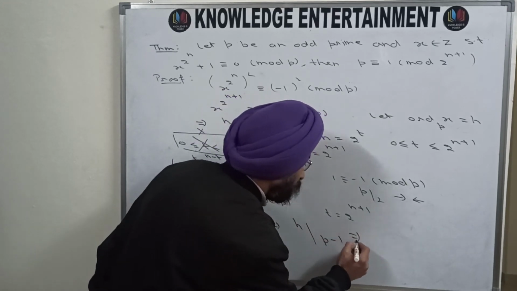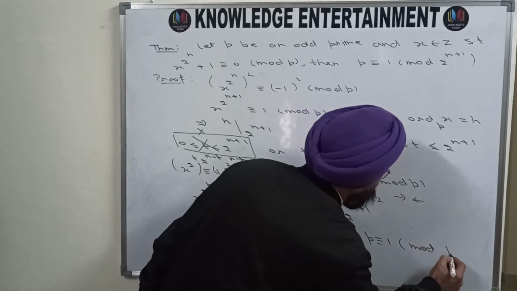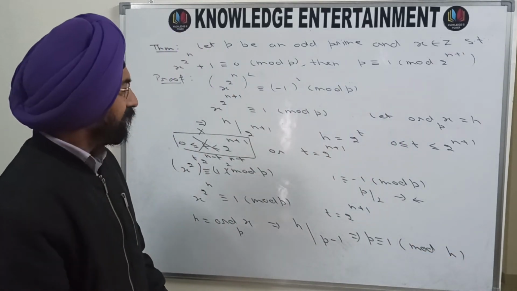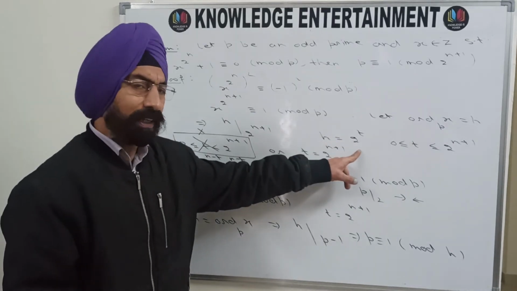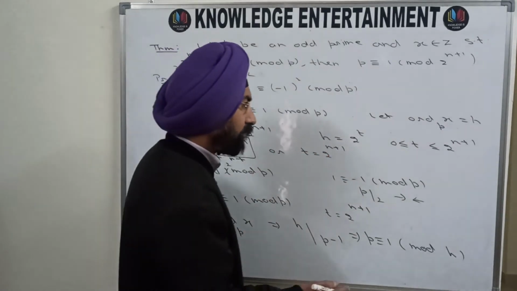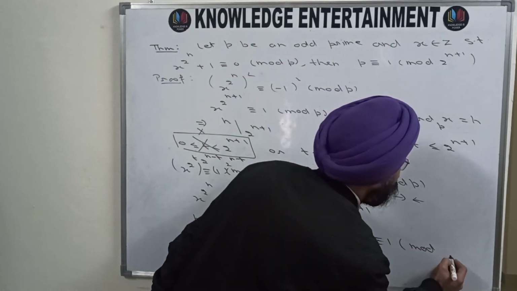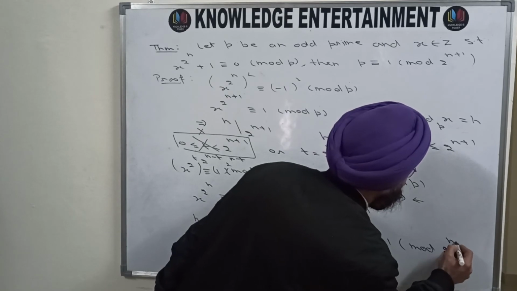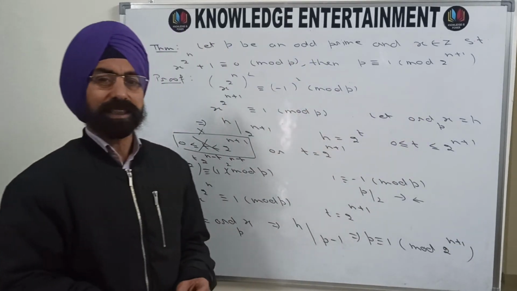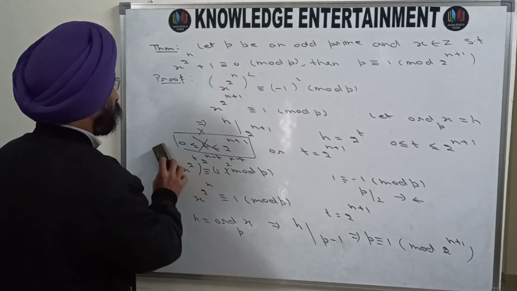And this means P is congruent to 1 modulo h. And what is your h? The value of h is 2 raised to the power t, where t is exactly n plus 1. So P is congruent to 1 modulo 2^(n plus 1), and this is the required result to be proved.